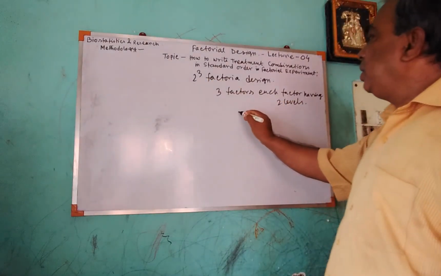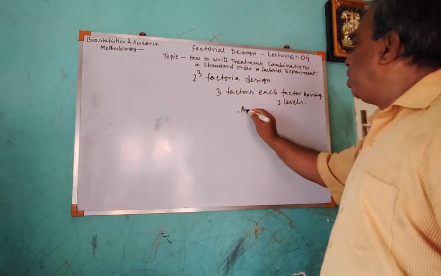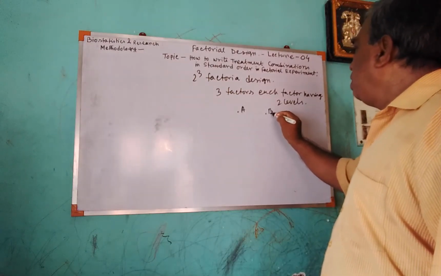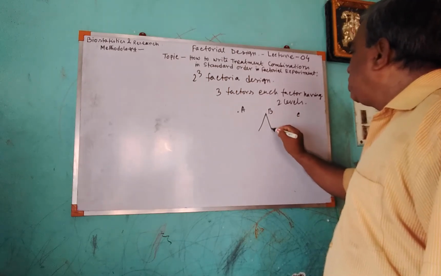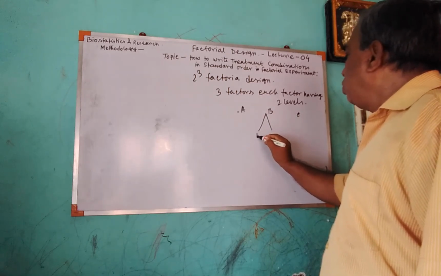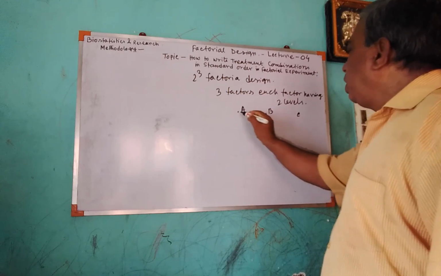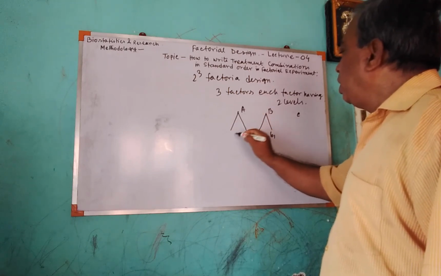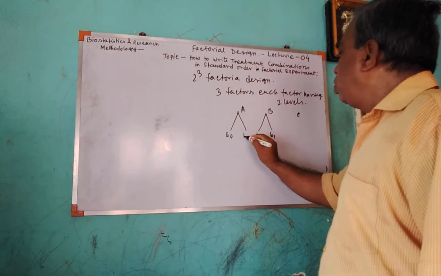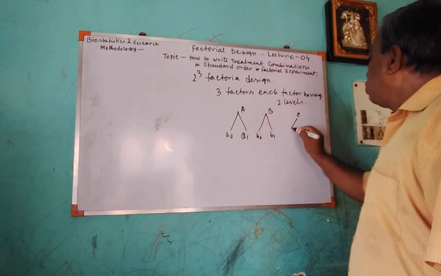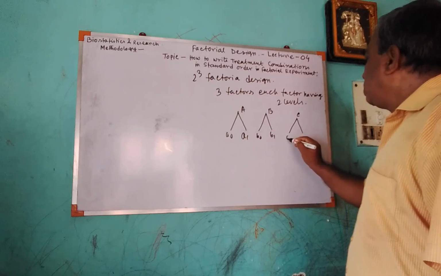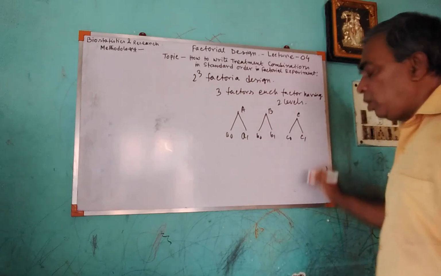Suppose this is factor A, this is factor B, this is factor C. Factor A has two levels, A0, A1. Factor B has two levels, B0, B1. Factor C has two levels, C0, C1.